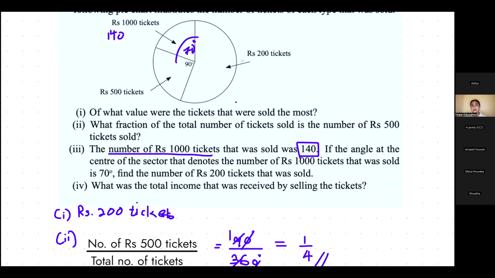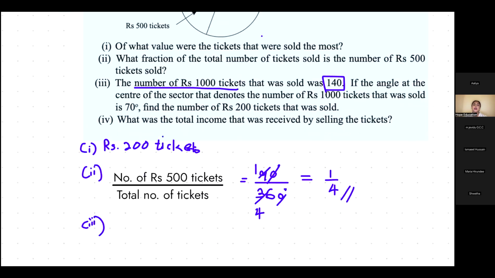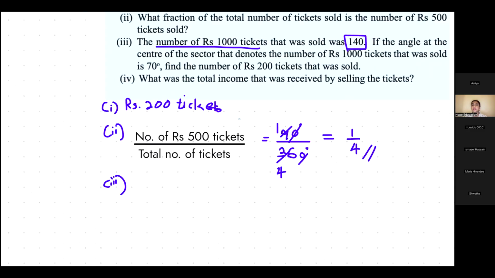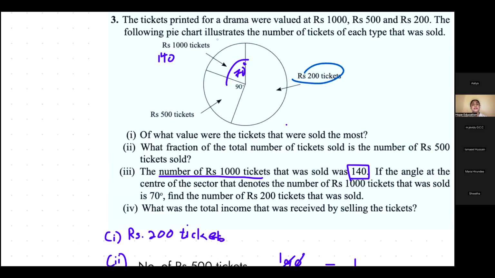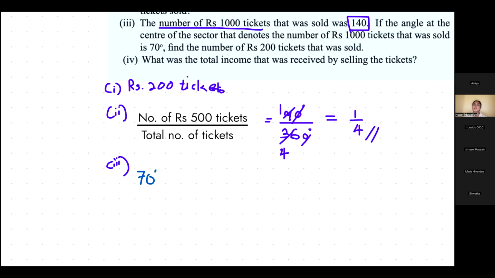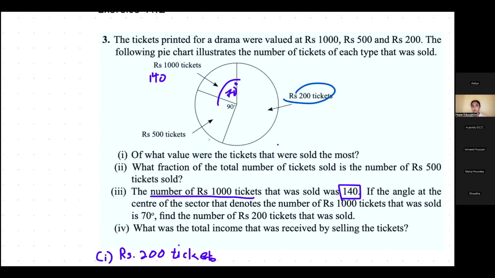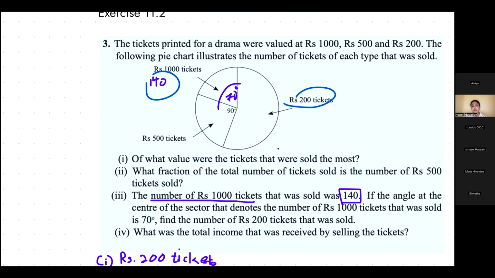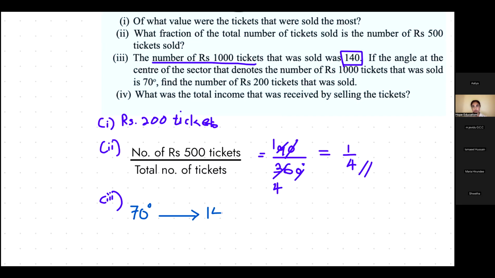What is the angle denoting 1,000 rupee tickets? 70 degrees. That's the angle. How many 1,000 rupee tickets are there? 140. That means the 70-degree angle represents 140 tickets.